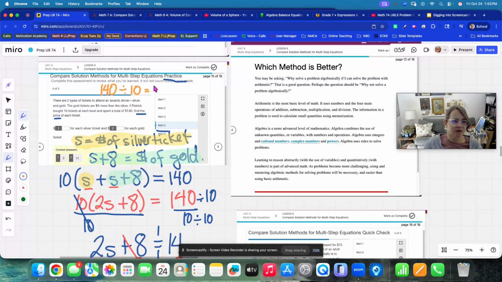So that means it's $14. And so I have to think of one of them's $8 more than the other, so maybe I'll subtract 8 and then divide by 2 to get the cheaper ticket.